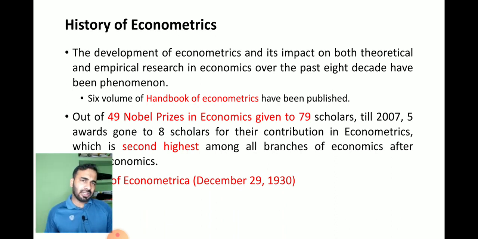As I told you, the development of econometrics started in 1930 itself, especially with the publication of the journal Econometrica and the formation of the Econometric Society in 1931. After that, econometrics has had a huge impact on theoretical and empirical research in economics.